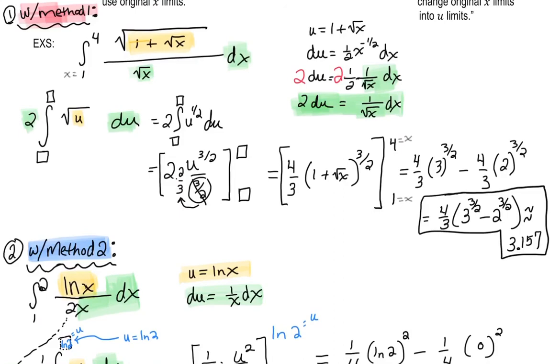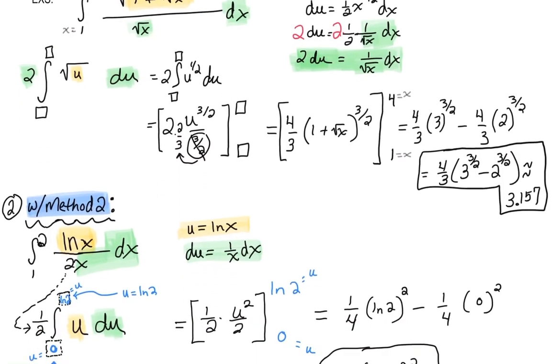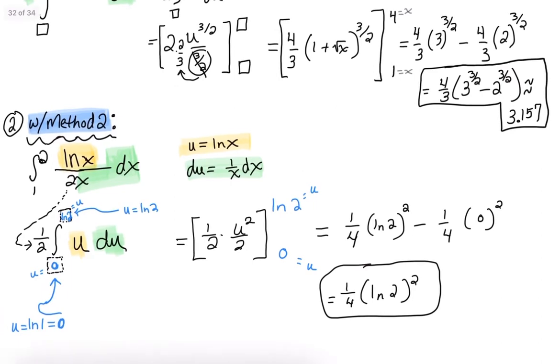These really correspond to the same original variable. They're x limits of integration. Method 2 says you don't need to do that if you convert these into your u limits of integration. And so that's what we did on this one. So those are the two main techniques for doing definite integrals with u substitution.